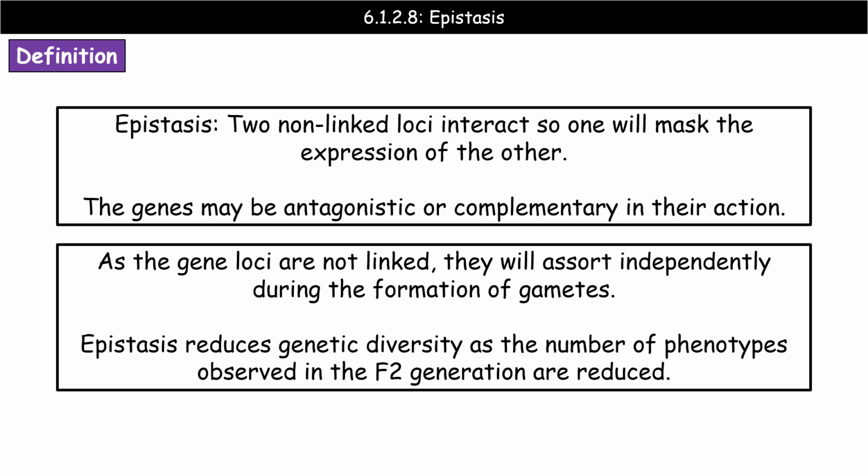If we've got fewer phenotypes being expressed, obviously that can have an impact on the organism and its ability to survive in a given environment, etc. And therefore, we can get a reduction in the genetic diversity of that particular population.